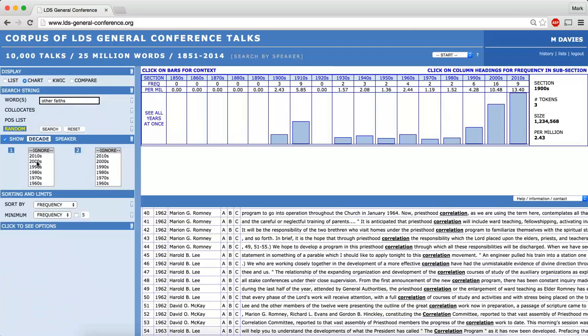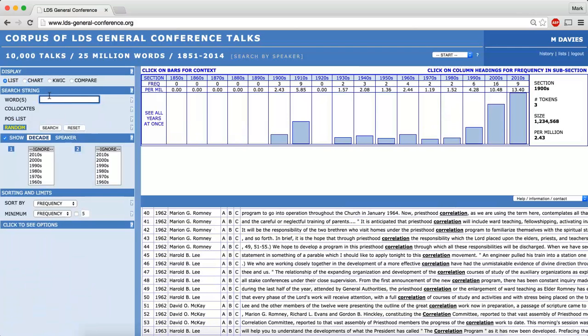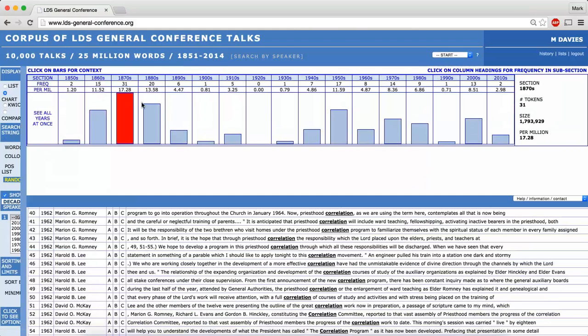Just one last example of this, a little bit more tricky than some of the other ones that we've been doing. If you look at celestial marriage, for example, you'll see that it decreased quite a bit in the late 1800s and then has come back, not overly frequent, but it's used a fair amount since the 1950s.